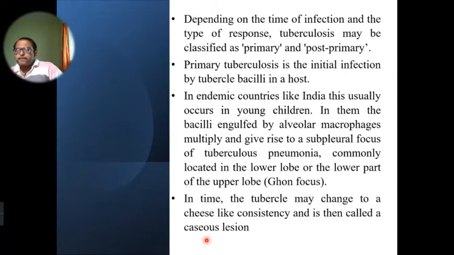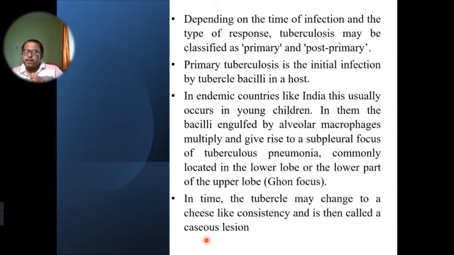In these young children, the bacilli are engulfed by alveolar macrophages, where they multiply and give rise to a superficial focus of tuberculous pneumonia, which is commonly located on the lower part of the upper lobe. This subpleural focus of tuberculous pneumonia is known as the Ghon focus.